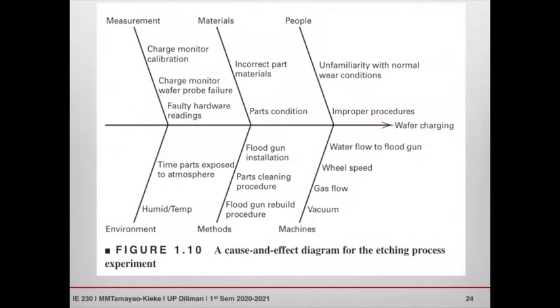Meanwhile, the potential design factors are organized into measurement, materials, people, environment, methods, and machines. Some of these factors might be chosen as design factors, such as wheel speed, gas flow, and vacuum, and others might be held constant or blocked, such as temperature and humidity.